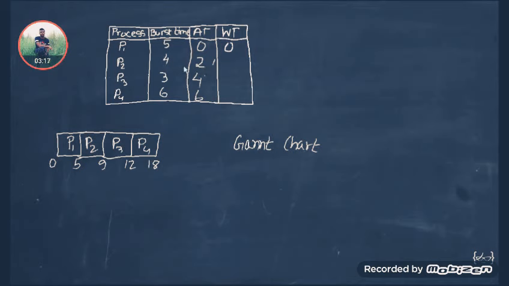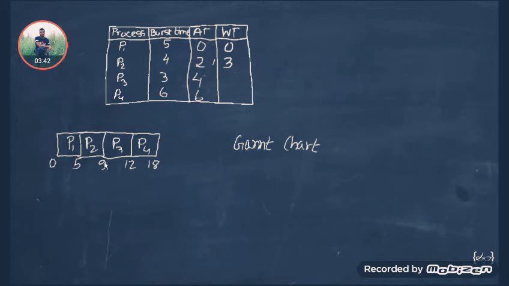So 5 minus 2 is 3. So the waiting time for process P2 is 3 because after arriving at 2 seconds, it had to wait 3 more seconds to get executed.